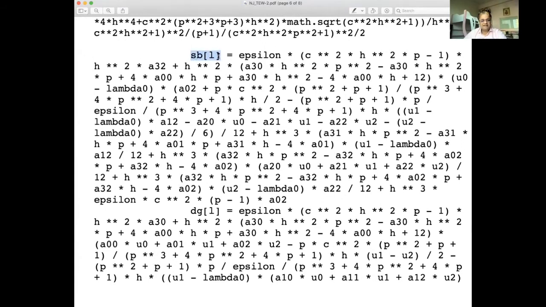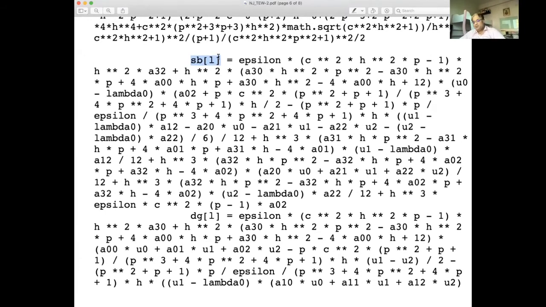Now here it is sub L. I have to calculate the sub diagonal and super diagonal. Now in the linear case, I calculated the sub diagonal by finding the coefficient of U2. Here it is a non-linear problem.